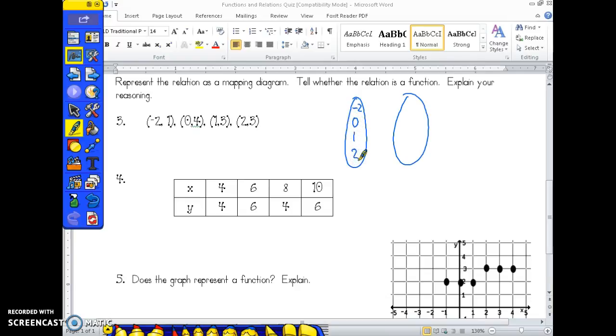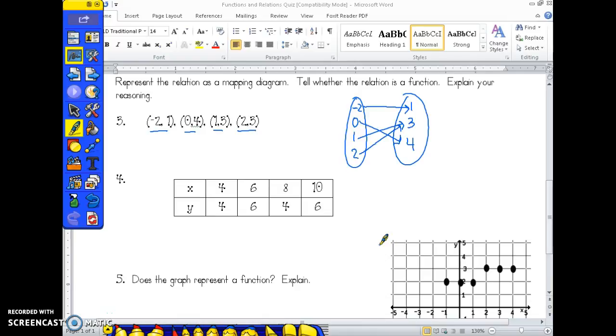For our range, or our Y, we have, again in order, 1, 3, and 4. -2, we draw an arrow to 1. 0, we draw an arrow to 4. 1 is paired with 3, and 2 is paired with 3.